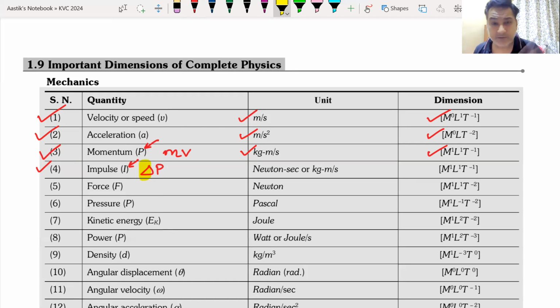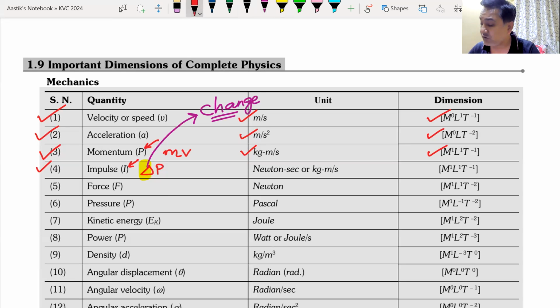It is a Greek alphabet, delta, the thing that I have highlighted in yellow. Delta always stands for change in something. Right now, it stands for change in momentum.